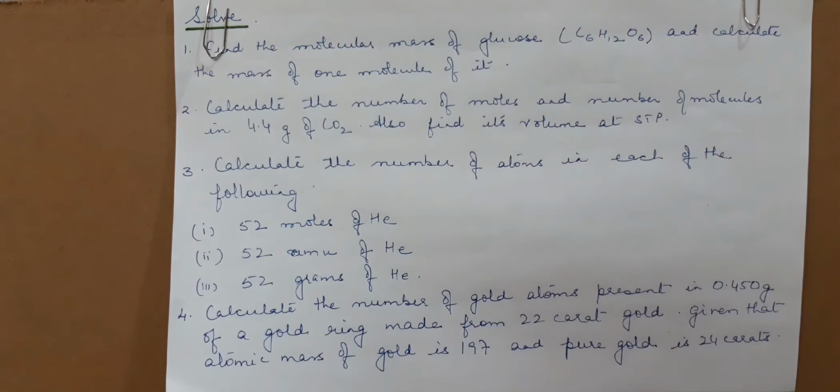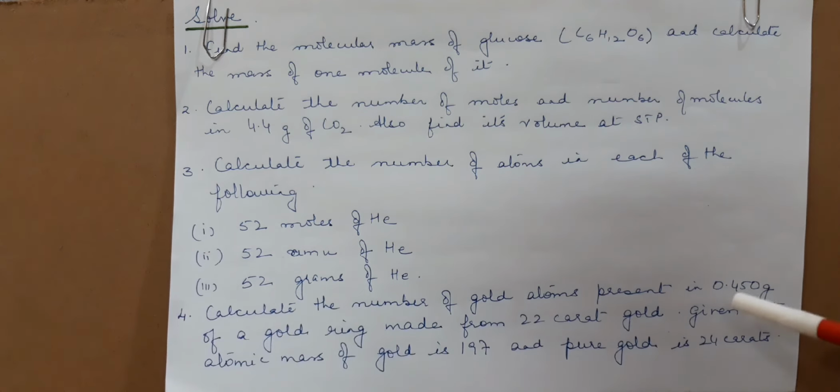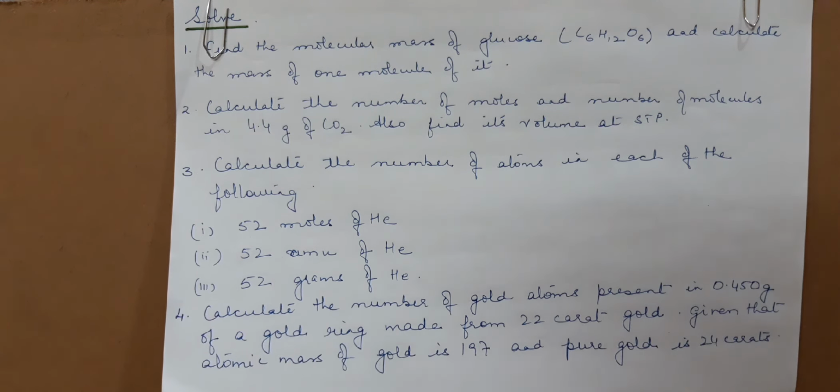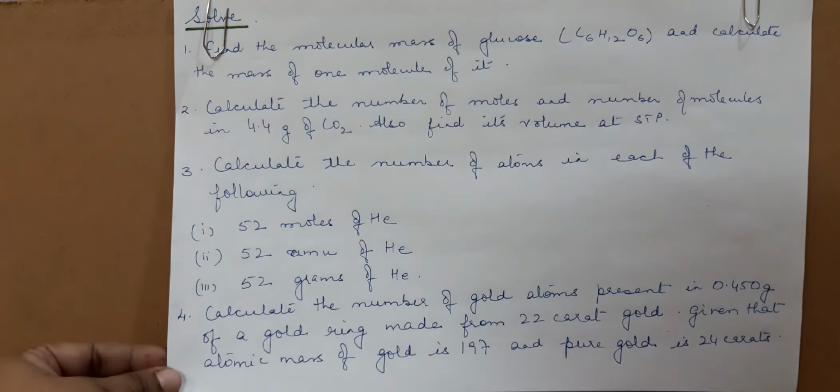Fourth question. Calculate the number of gold atoms present in 0.450 grams of a gold ring made from 22 karat gold.